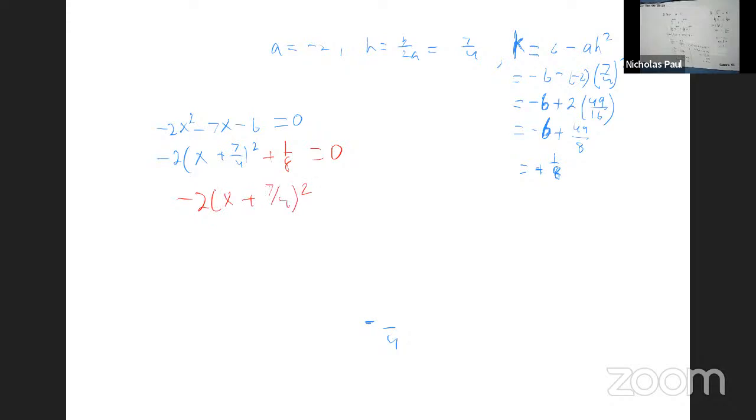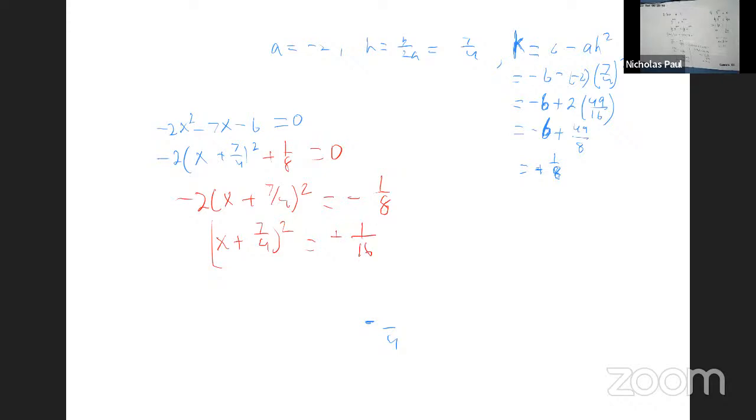So it will be -2 by (x plus 7 on 4) squared. You're carrying across the 1/8, so you'll get negative 1/8. Dividing both sides by negative 2, you'll get plus 1/16.